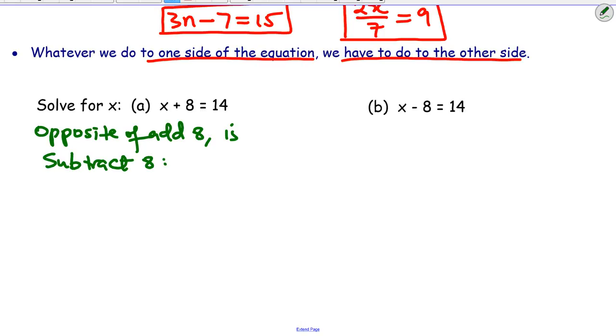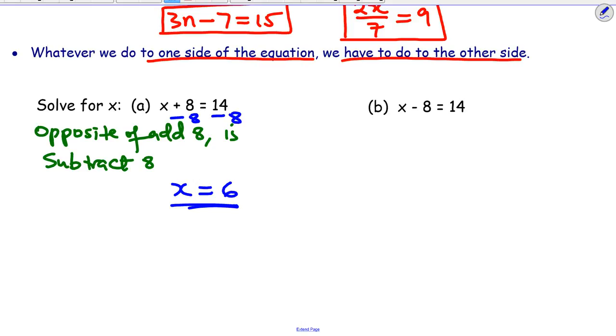So you're going to subtract 8 on this side and subtract 8 on that side. So we'll end up with x = 6, because 8 minus 8 is 0, 14 minus 8 is 6.